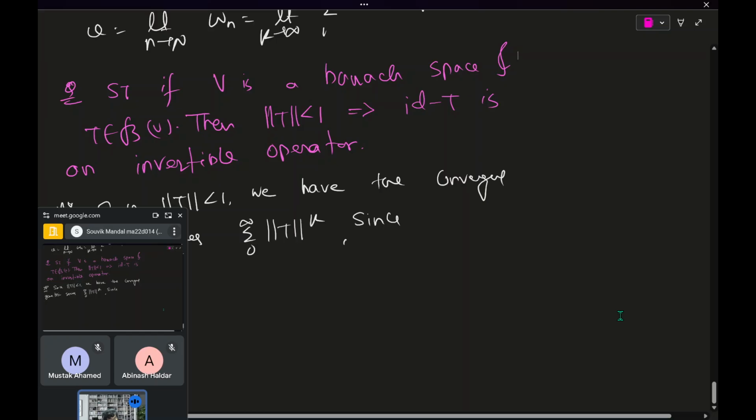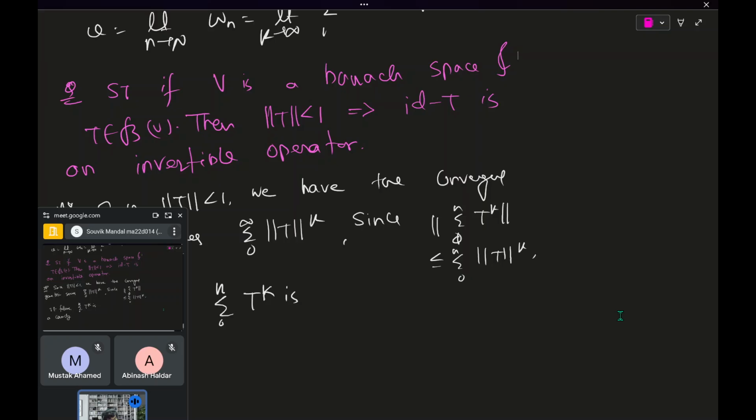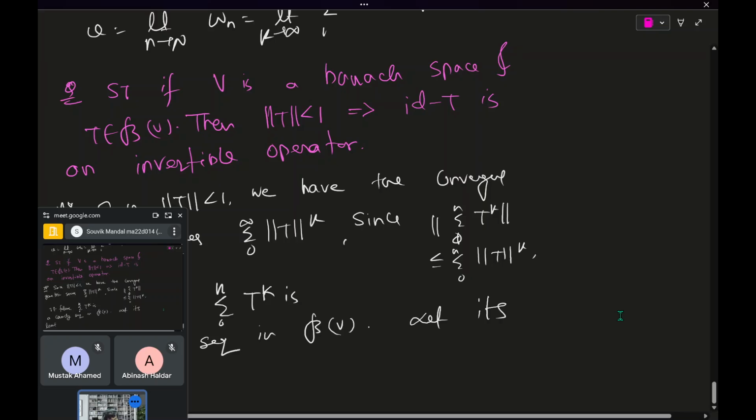Since the norm of the summation from 0 to n of T to the k is less than or equal to the summation of norm T to the k, it follows that the summation from 0 to n of T to the k is a Cauchy sequence in B(V), and let its limit be denoted by S.